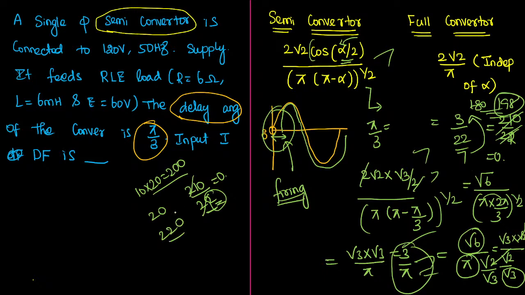It is not possible, because I have to check under 210, not 220. So 10 times 22 is not possible. 9 times 22 is possible. So 9 times 22 means what will you be getting? You will be getting 198.